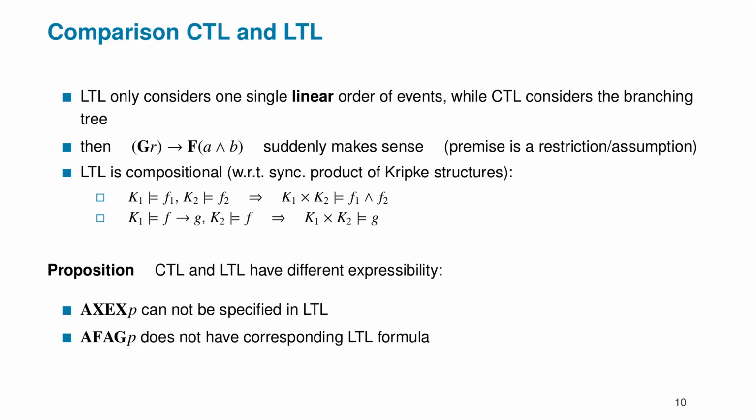So if we do the cross product of two Kripke structures, and we know that the first Kripke structure satisfies a specification F1, and the second Kripke structure satisfies a specification F2, then the cross product, the automaton where they run in parallel, satisfies F1 and F2.